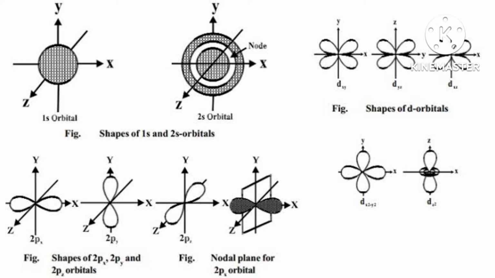In other words, the number of nodes for the 2s orbital is 1, and 2 for 3s, and so on, meaning one less than n.